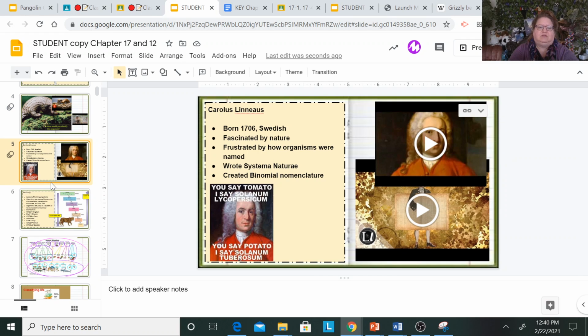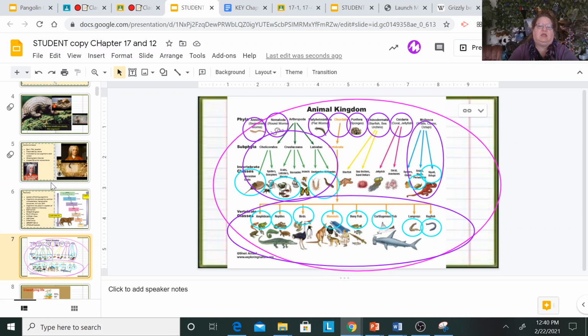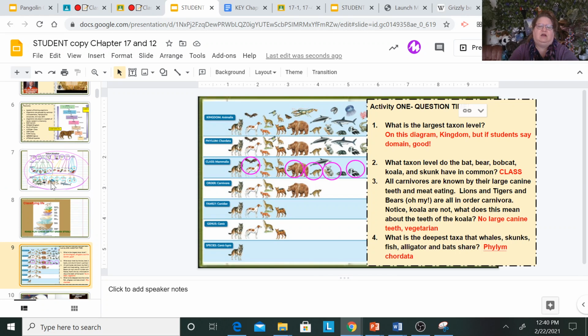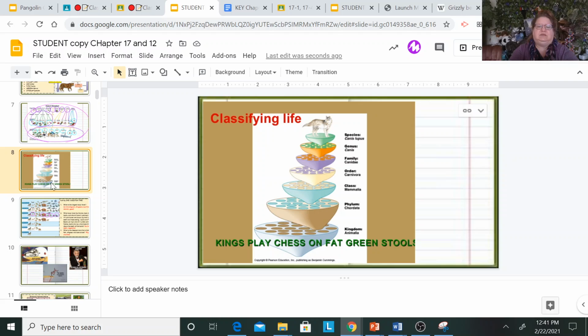Basically the taxonomy system, the levels and the orders, and then the binomial nomenclature, similar to what we did in class today. So that's what you can look forward to. Your homework is simply to study your notes, make sure that you have them good and read and answered fully. All right, have a good day.